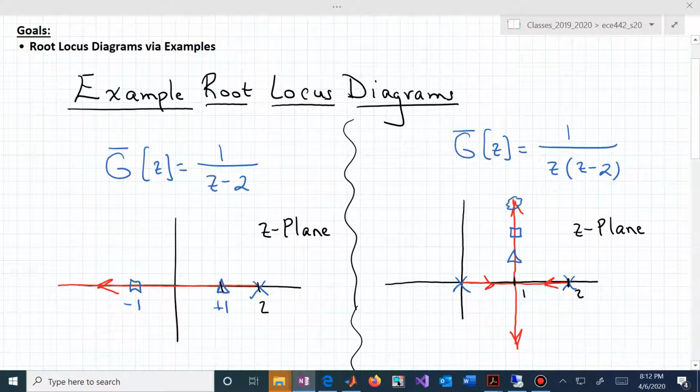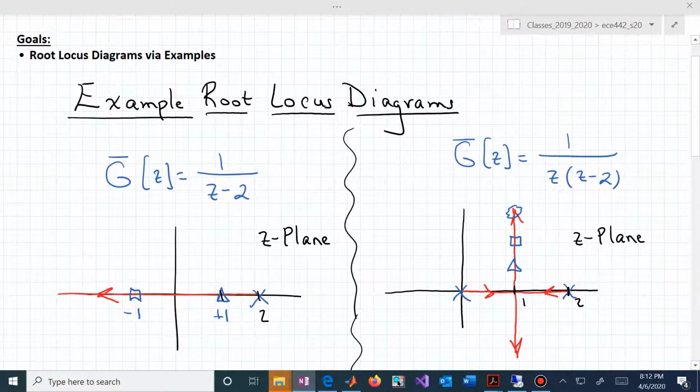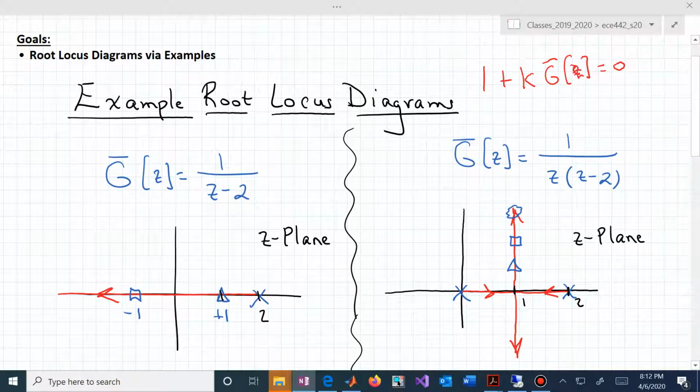What you need to keep in mind is that a root locus represents those points on the complex z-plane that actually satisfy the expression 1 plus k bar g bar of z equaling 0.